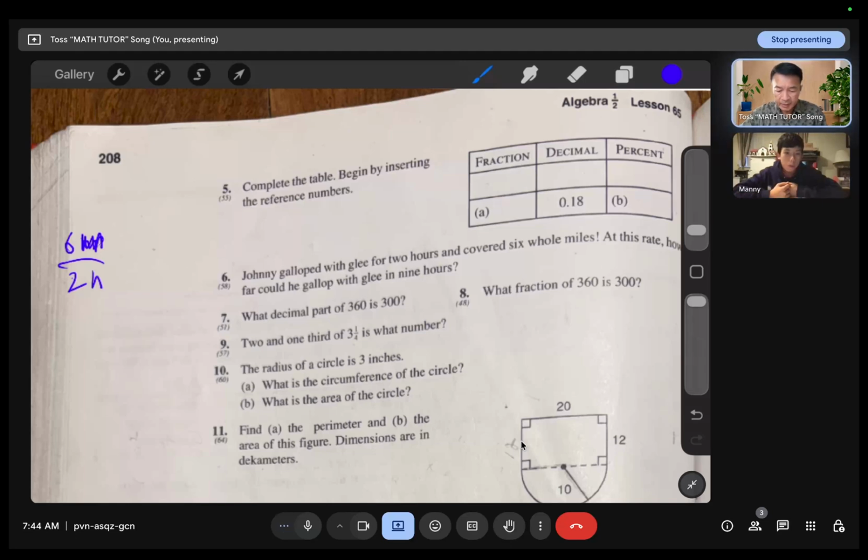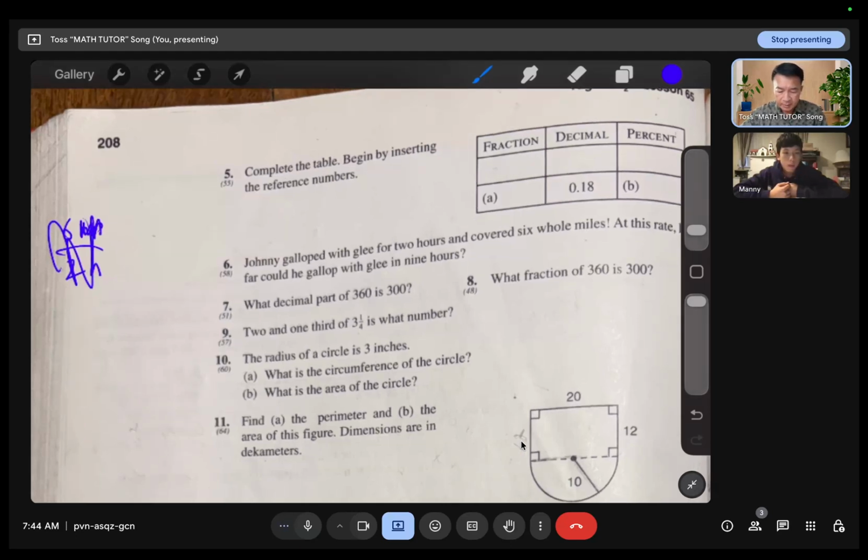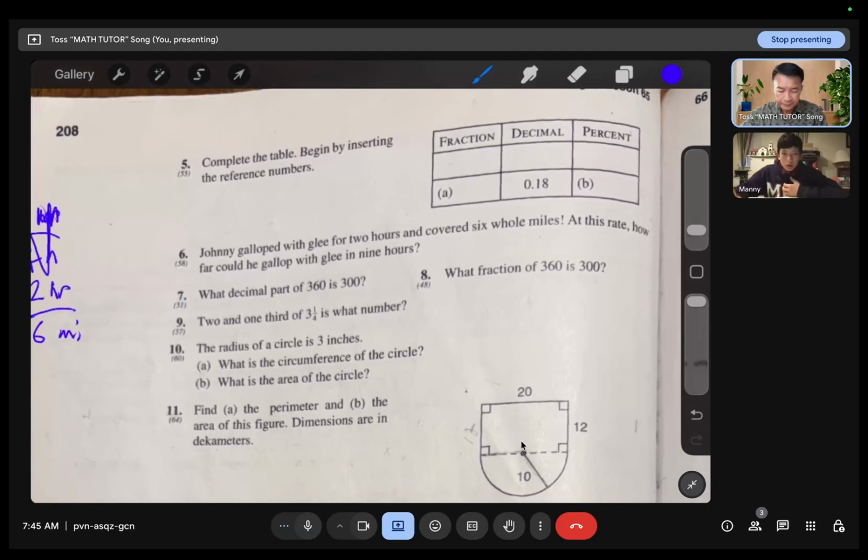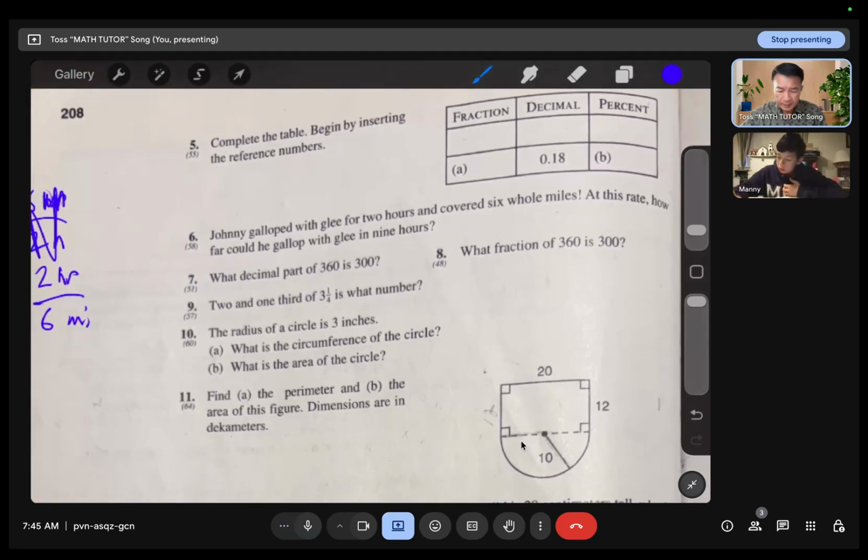So you've got 2 hours for 6 miles. And at this rate, how far could he gallop in 9 hours?